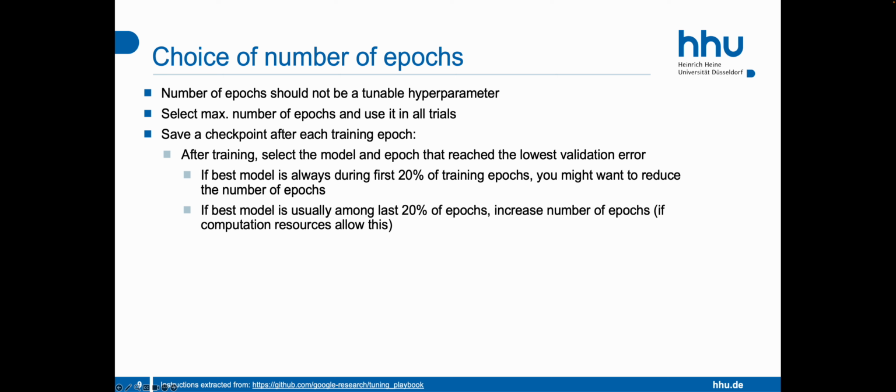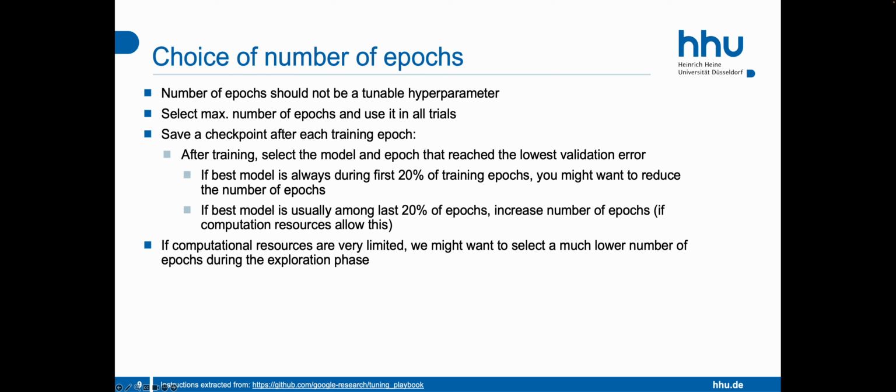On the other hand, you should also make sure that the number of epochs is large enough by making sure that the best model is not typically, for example, among the last 20% of training epochs, because this would indicate that training for longer probably would increase model performance further. In this case, it might be useful to increase the maximum number of epochs.